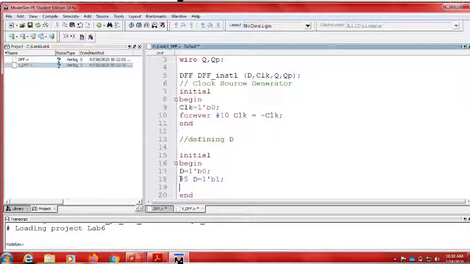Then after a time delay of 10, we are setting D equals 1'b0.